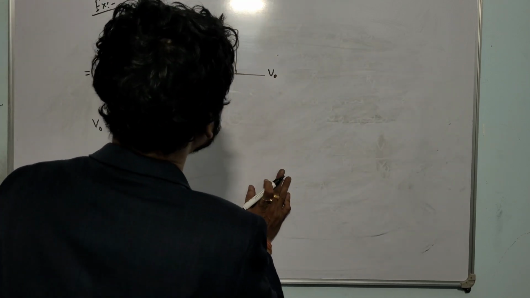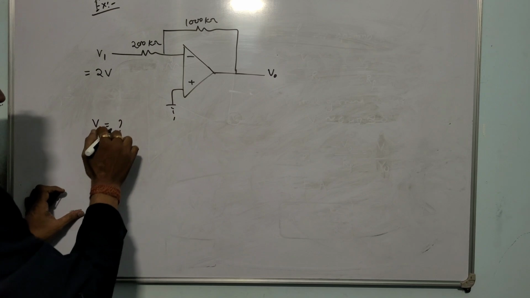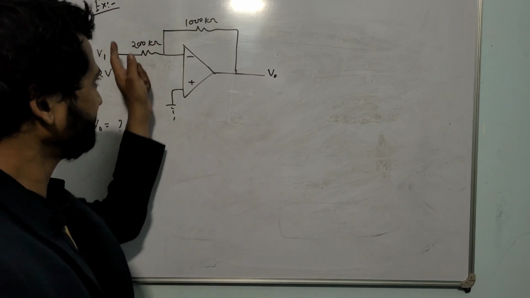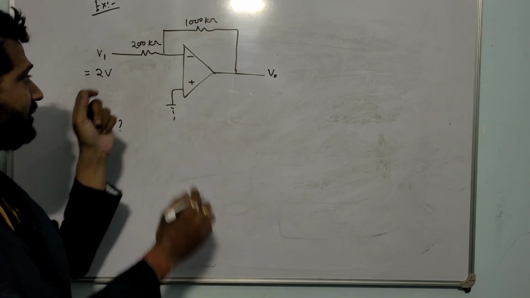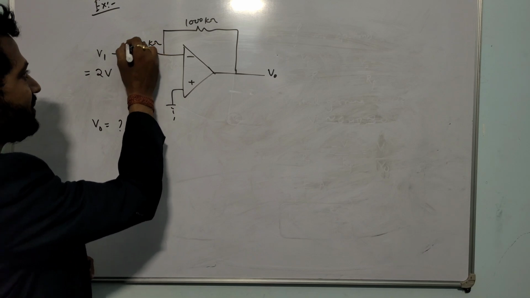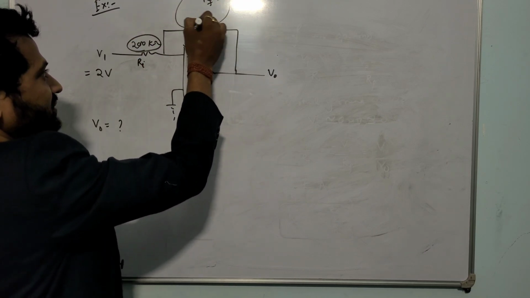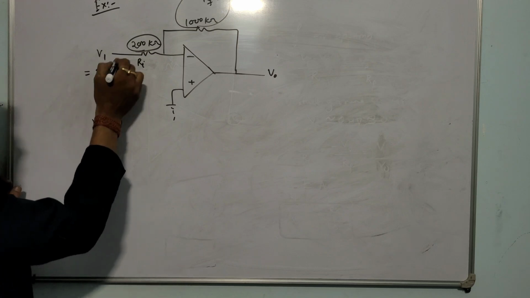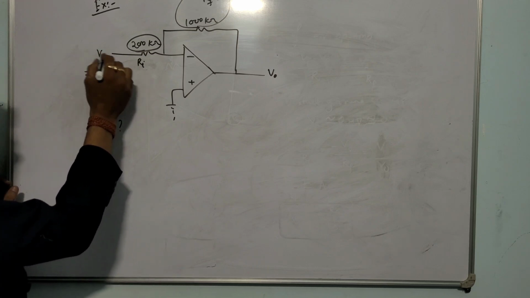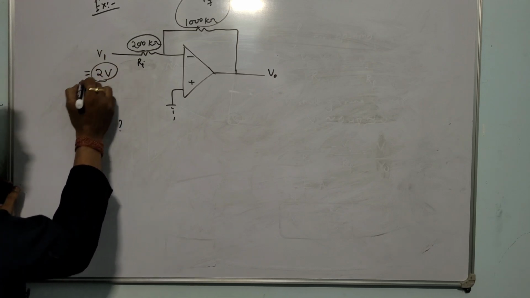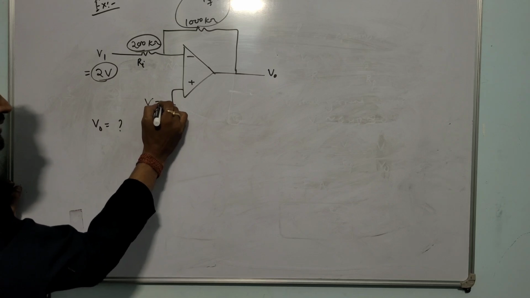ठीक है, see this example. So by using that concept we can find out the output voltage. यहाँ पे क्वेश्चन क्या है, one figure was given, the value of input resistance is given which is 200 kilo ohm, and the feedback resistance value is given which is 1000 kilo ohm, and input voltage V1 is given 2 volt and V2 is grounded.